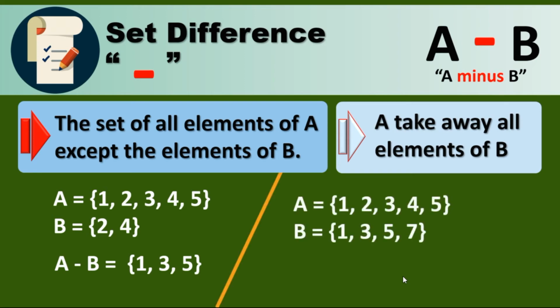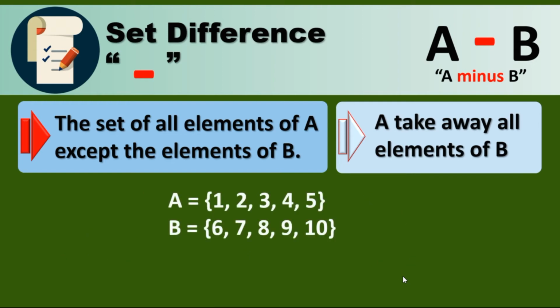If A is equal to the set that contains 1, 2, 3, 4, and 5, and B contains 1, 3, 5, and 7, what is A minus B? If we take away the elements of B from A, what's only the same from B to A is 1 and 3. And also 5. So therefore, what is left? 2 and 4. Very good.